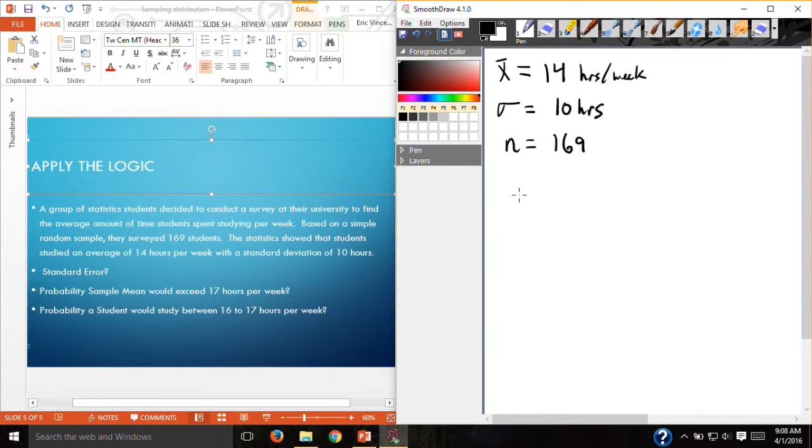So my standard error, recall, standard error is equal to standard deviation divided by the square root of my sample size. So if I were to calculate this, 10 divided by the square root of 169. Well, I know that the square root of 169 is 13.